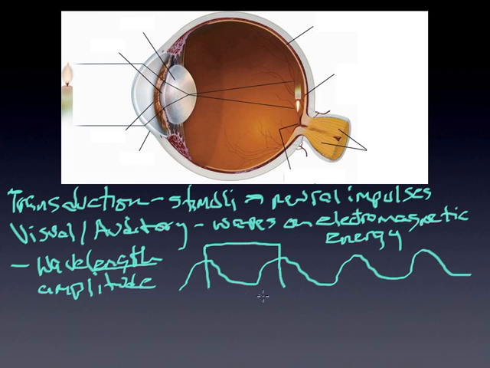In other words, how much are they bunched together? That's the length of the wave itself, okay? From this point right here down to the base point is what we refer to as amplitude.